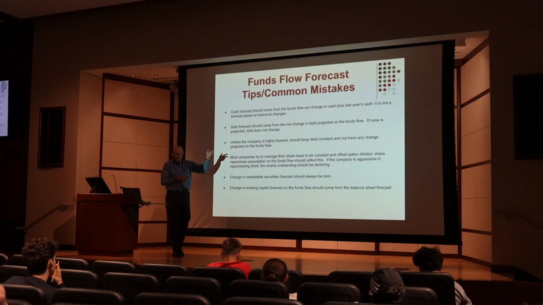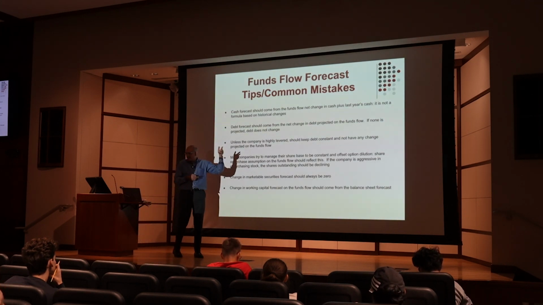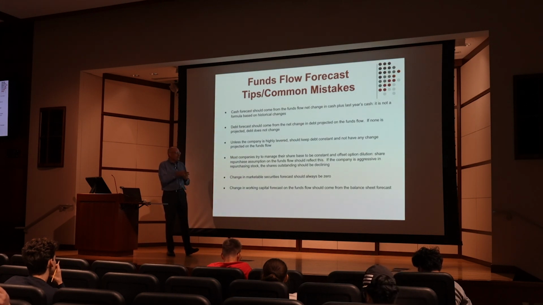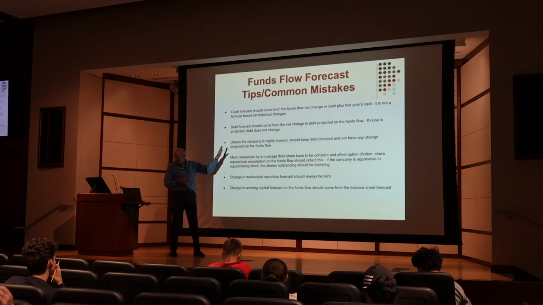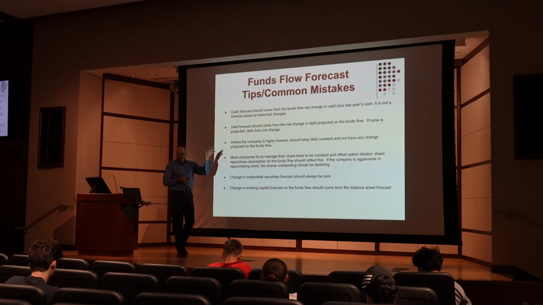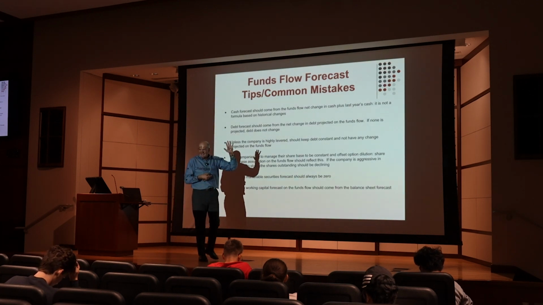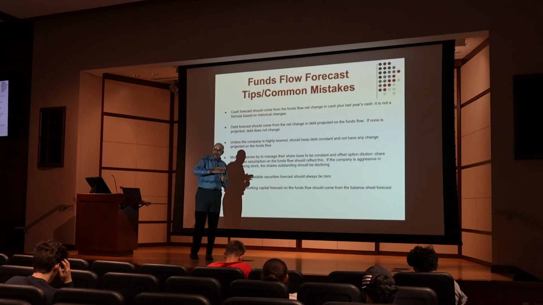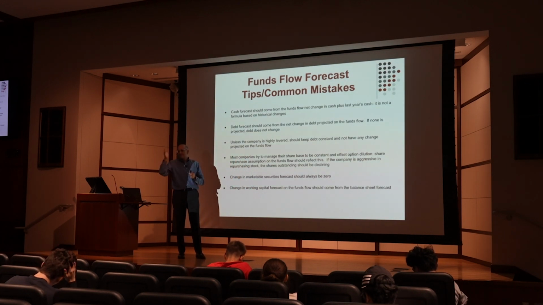We model that on the balance sheet, and then the net change in working capital is what gets reflected in our funds flow statement. And importantly, when we are modeling the current assets and current liabilities, most companies, as they grow revenues, are growing receivables and inventories, offset by a growth in payables, right?